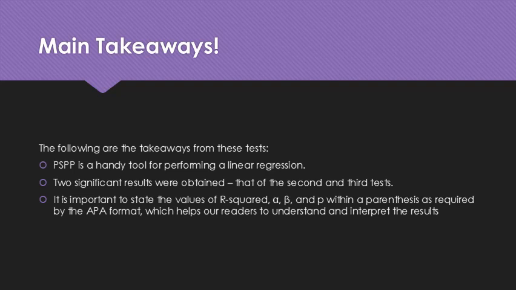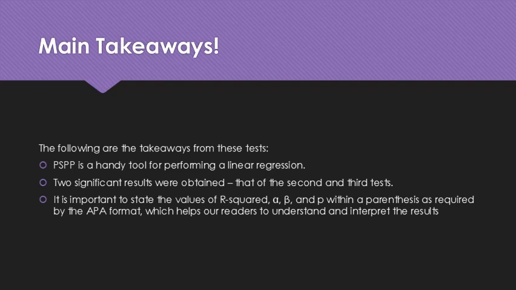Now, there are some main takeaways from this regression analysis, and they are the following. One of such takeaways is the fact that PSPP is a handy tool for performing a linear regression. Two significant results were obtained, that of the second and third hypothesis test.